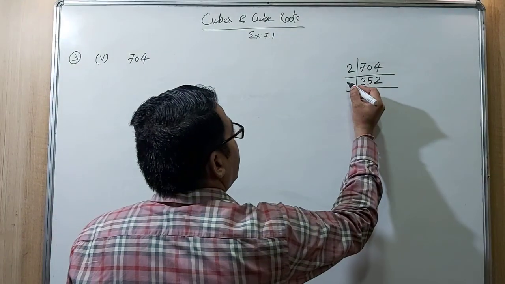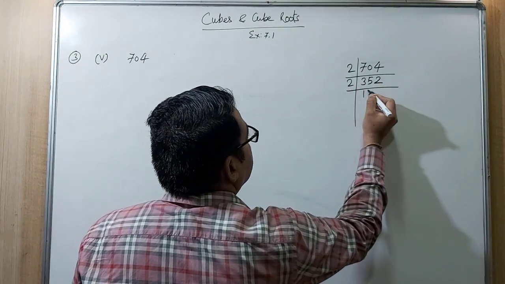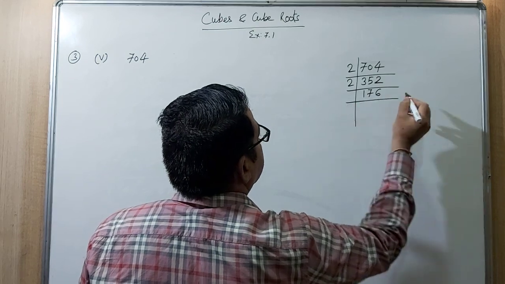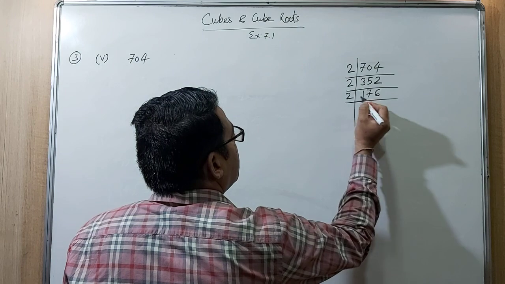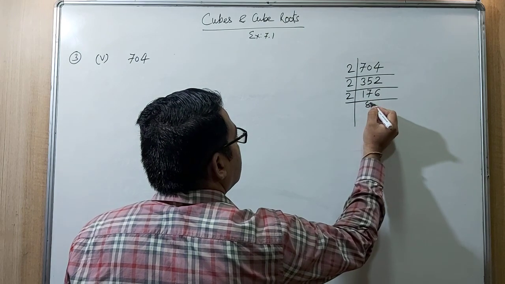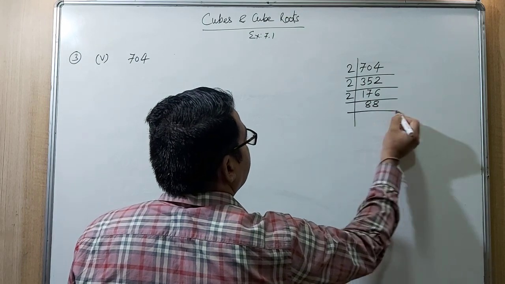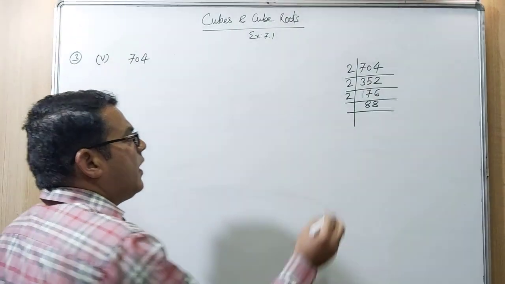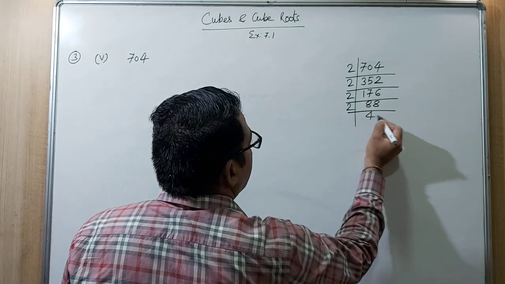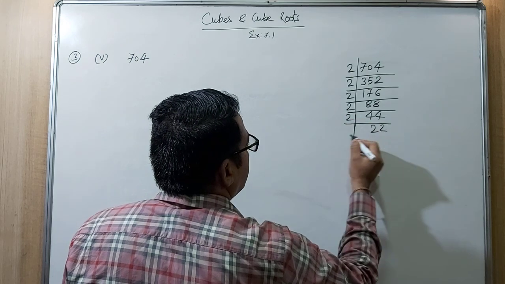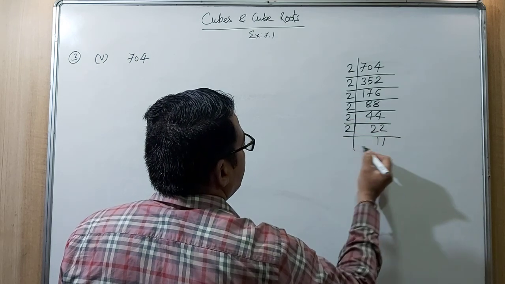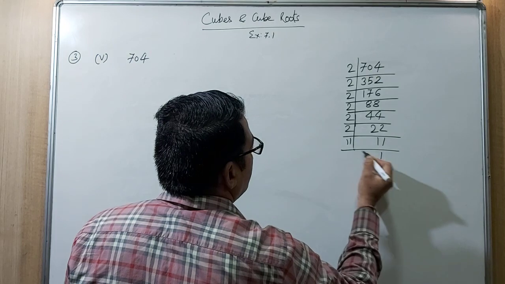Now again by 2, 176 times. Right? Again by 2, 88 times. Right? Again by 2, 44 times. By 2 again, 22 times. By 2 again, 11 times, and by 11, 1 time.